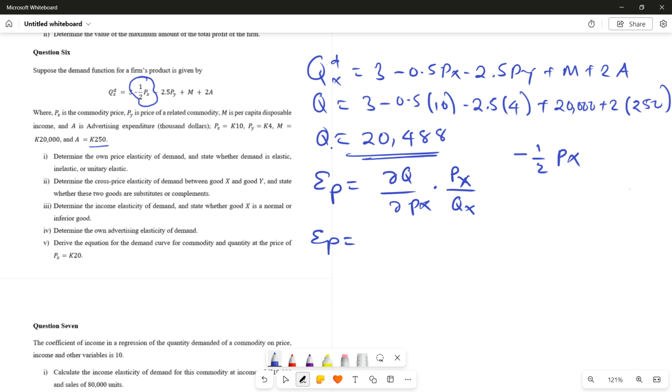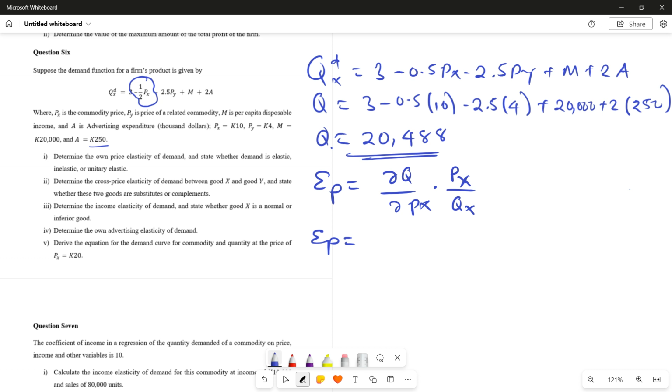You are differentiating with respect to the price of good x, which is this whole term, the Px. The Px there is one thing. It's not like there's p and then there's x. It's the price of x, which is, let's say, 2. So don't make the mistake of saying I will differentiate with respect to x, then you find your final answer, let's say minus half p. Not like that.